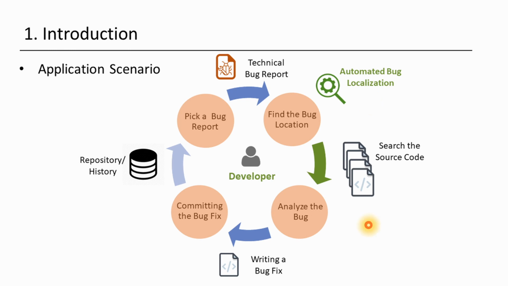Third, a developer must analyze and understand the bug to finally write a bug fix. Finally, the developer commits the bug fix into the project's repository, creating a new version of the software.